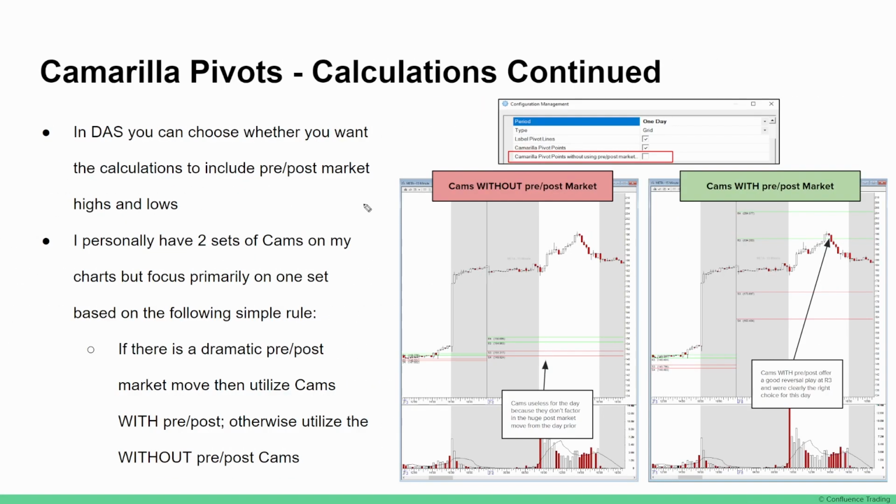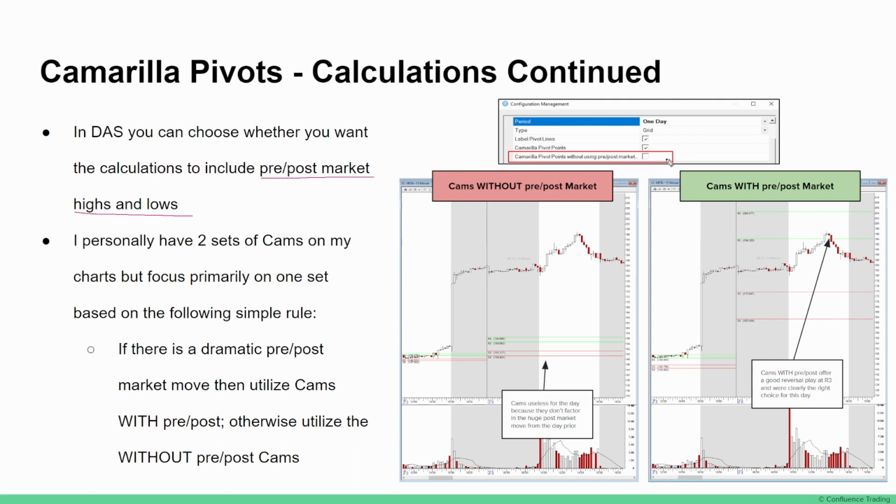You may not need to worry about exactly what the formulas are from the previous slide, but one thing you do need to consider is whether or not your pivot points are utilizing pre- and post-market highs and lows in their calculations. In Dash Trader Pro, I can personally choose between 2 different pivot point levels, those that don't use pre-post-market data and those that do.